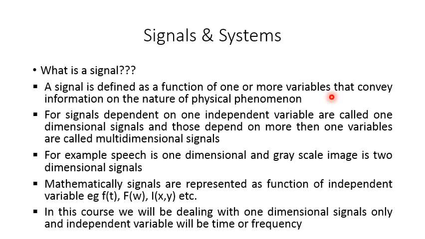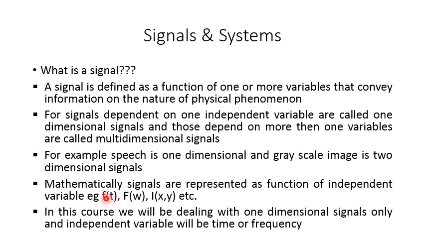In the case of the time domain, the independent variable for the speech signal is t. Mathematically, signals are represented as a function of the independent variable, for example f of t.